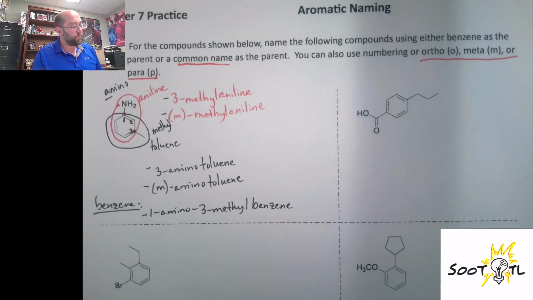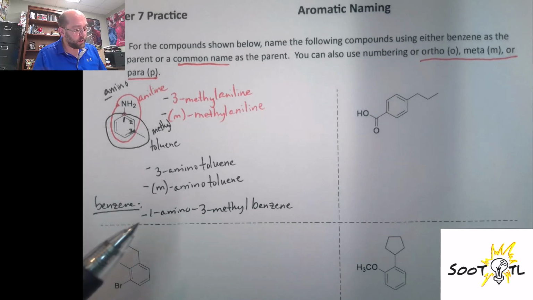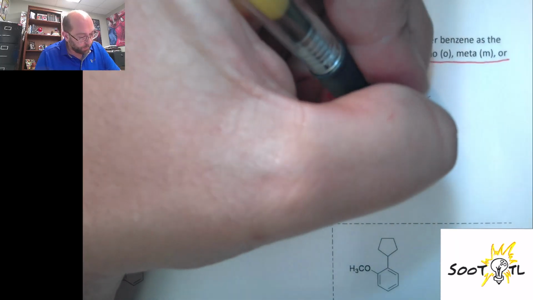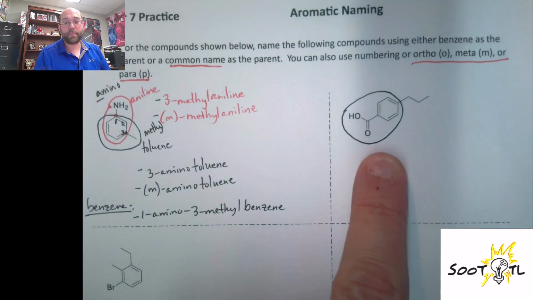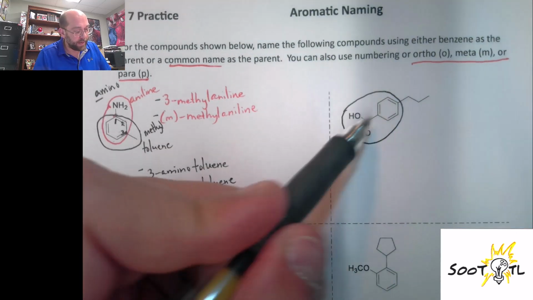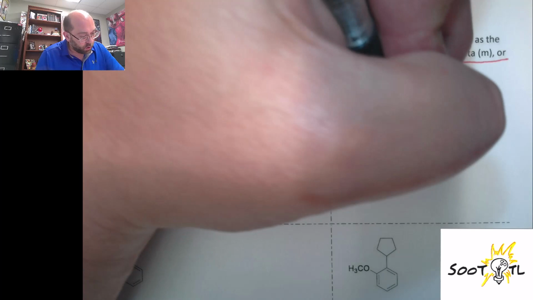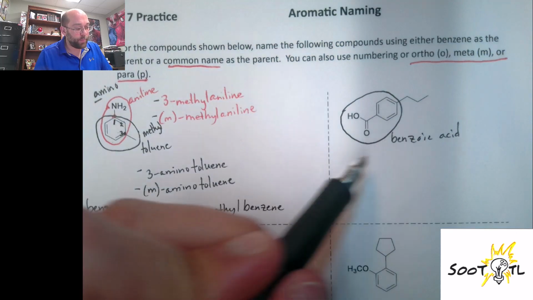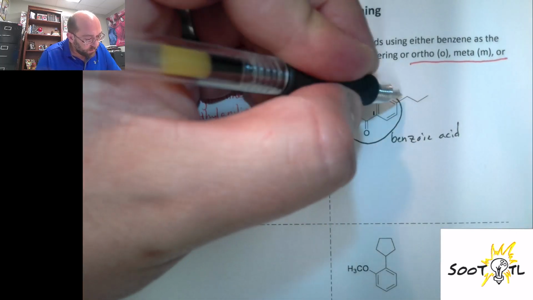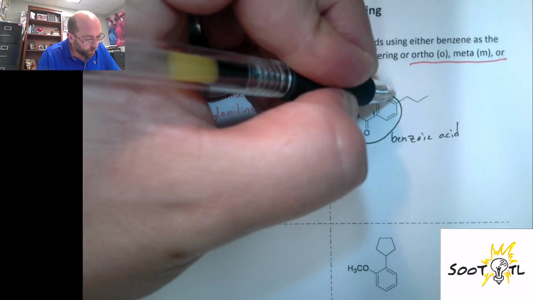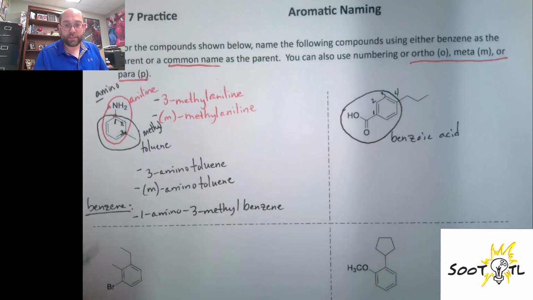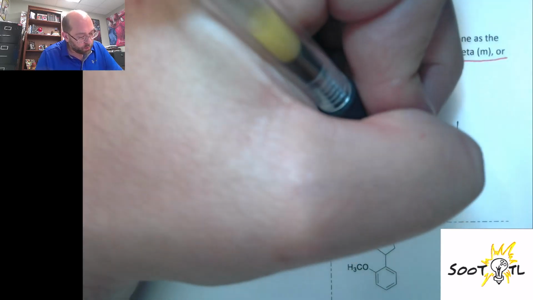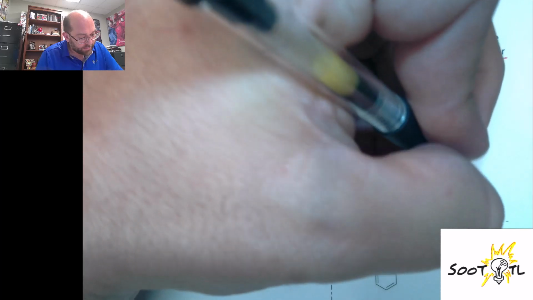Okay, so if we look at this guy here, I'm really only going to look at this one if we're talking about naming it via this parent here. All right, so when you have this carboxylic acid group coming off, this is called benzoic acid. Okay, so that's our parent, which means this is carbon number 1, and then numbering to that, it would be 2, 3, 4. So we have a propyl group at position number 4. So we could call this 4-propyl benzoic acid, like so.